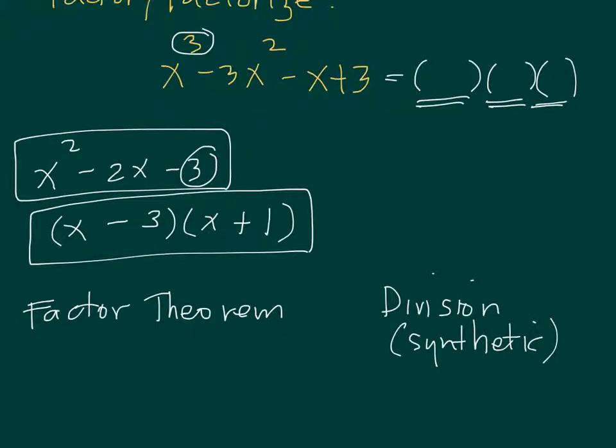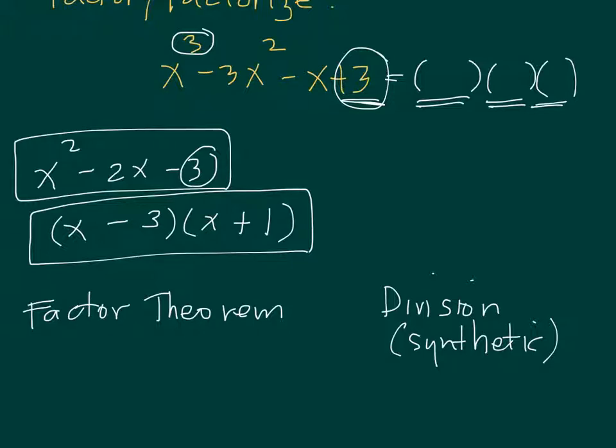Okay, so how do we find these three factors? The key in identifying these three factors lies on this number. Now there will be more complicated expressions, but in most cases one of the factors can be taken from this number 3. So what do I mean by that?